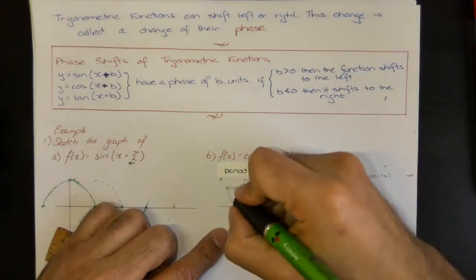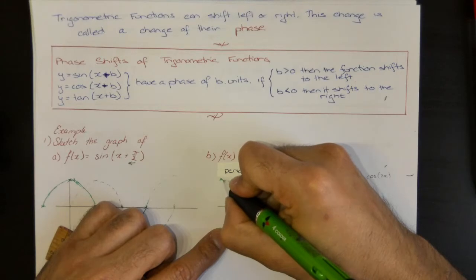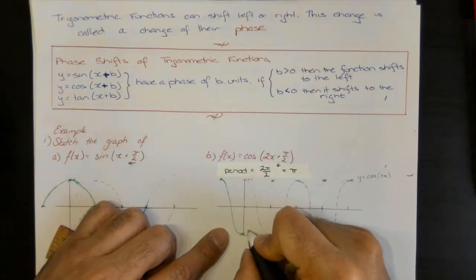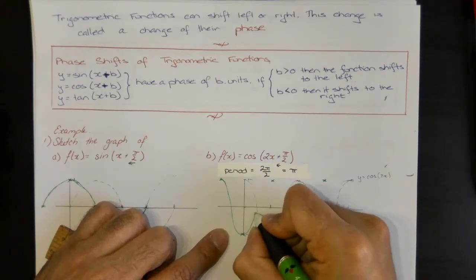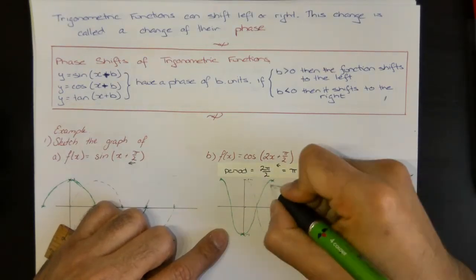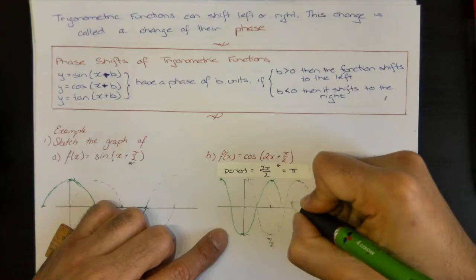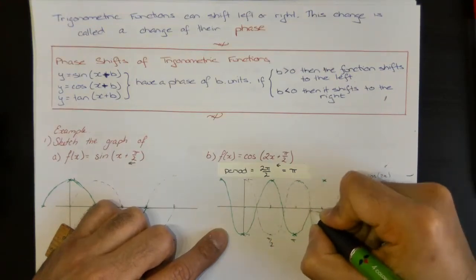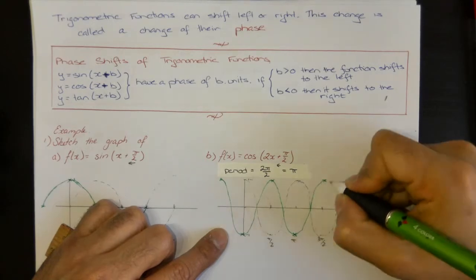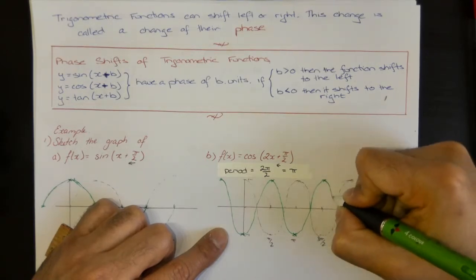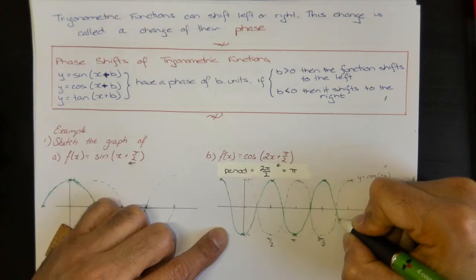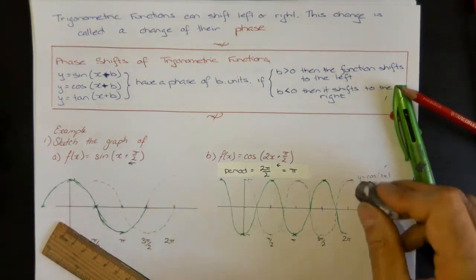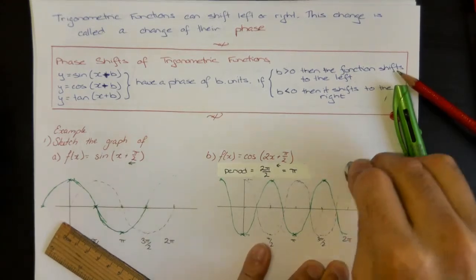Okay, so then I have that the green function is the final one.